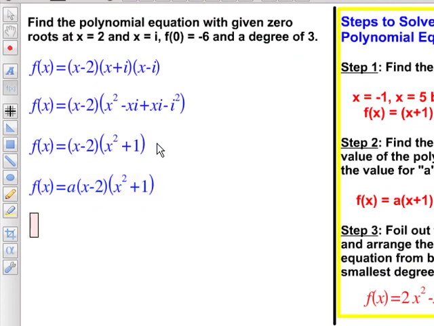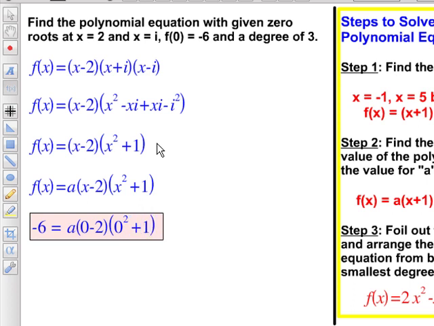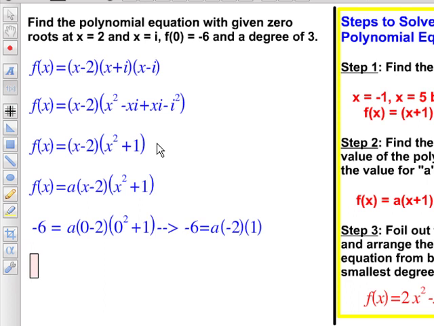So our equation will change into -6 equals a times (0 minus 2)(0 squared plus 1), which will end up getting -6 equals a times -2 multiplied by +1.